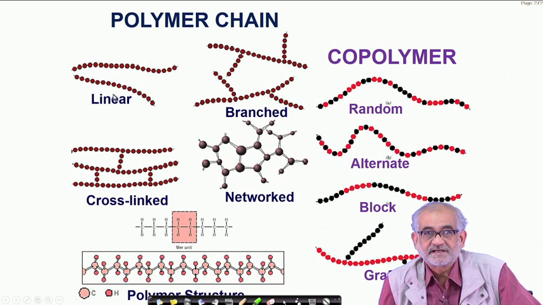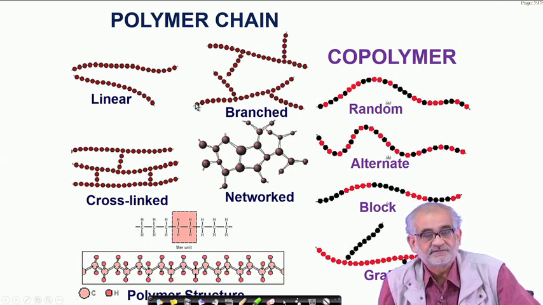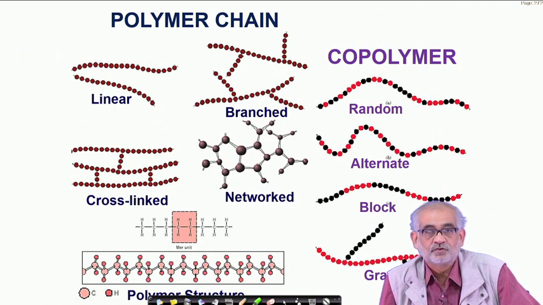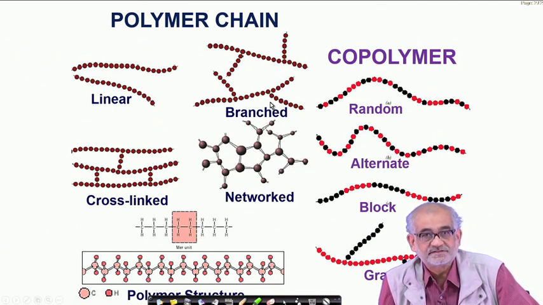And these polymers can actually be manifested in purer form as linear polymers or branch polymers, cross-linked polymer, or network polymer. What we need to immediately understand is that along the length of the chain, we have only one bonding, and that is exactly of the same magnitude, covalent, where the electrons are shared between the nearest neighbors.